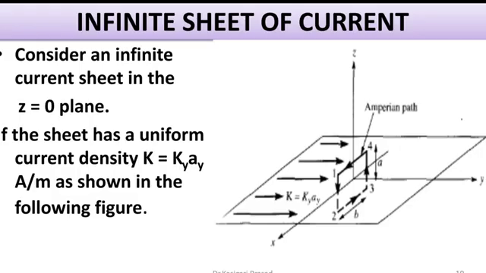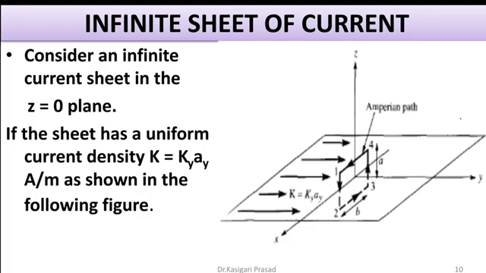The sheet has a uniform current density K equals Ky ay amperes per meter, as shown in the figure. The currents are moving along the y direction, as shown by the arrow marks.